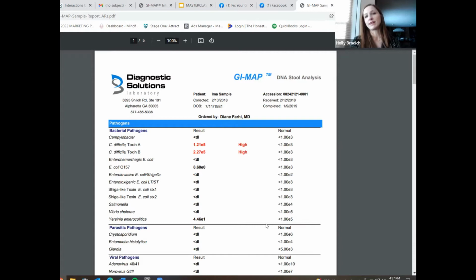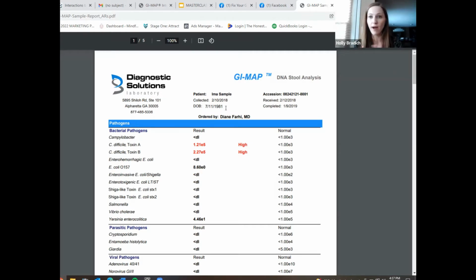Now, that being said, this is a new science, and yes, there's been several years or maybe a decade or so of this kind of testing, and so they gather the data from the people that have been tested and other studies to determine what's considered normal. But that doesn't mean that that's necessarily what's normal and healthy for you. So we kind of have to take these things with a grain of salt.